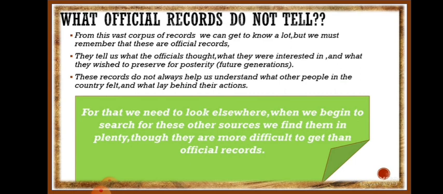To get the diary you have to reach me, and after that, where that diary went, no one knows. So the search for non-official records is a bit more difficult than for official records, because non-official records are not preserved at one place.